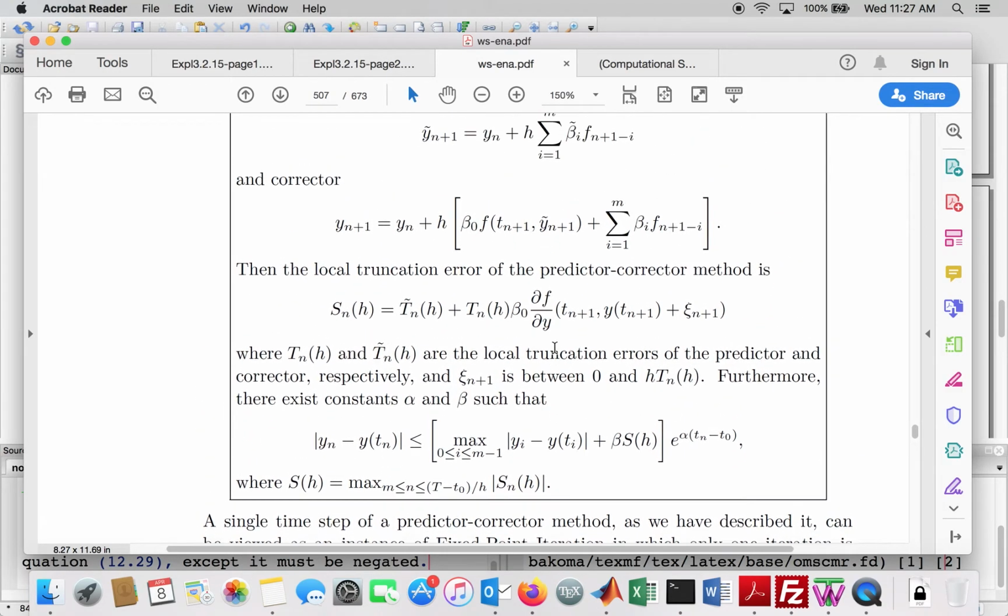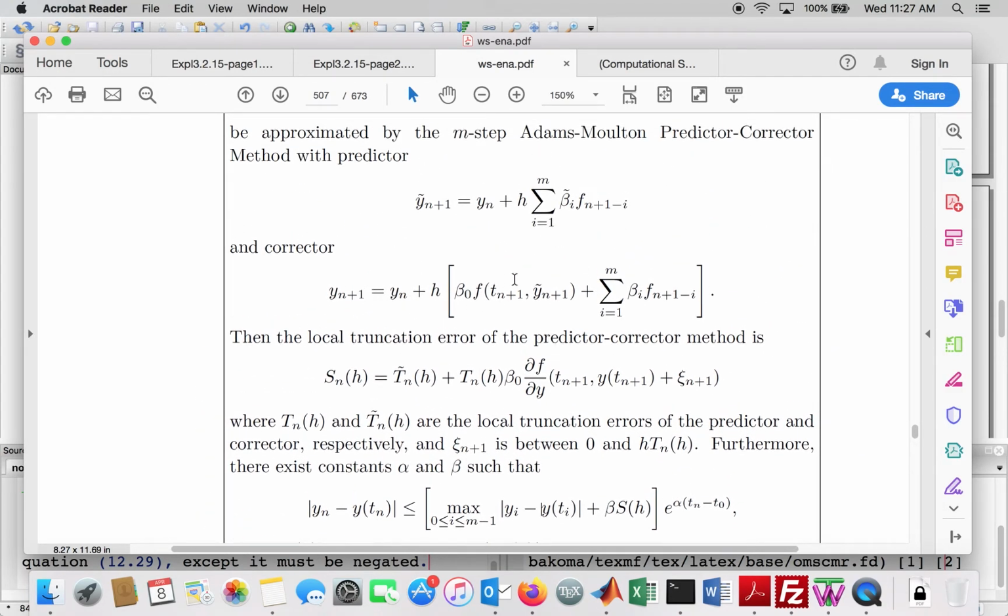And the reason why that is, if I keep iterating until this converges, then really what I have is I'm just using the corrector. The predictor is now meaningless because yn plus 1 satisfies the original implicit Adams-Moulton method. The benefit of the predictor is that you get a better initial guess than if you just used yn, which you might normally do. So perhaps the iteration would converge in fewer iterations than it would otherwise.